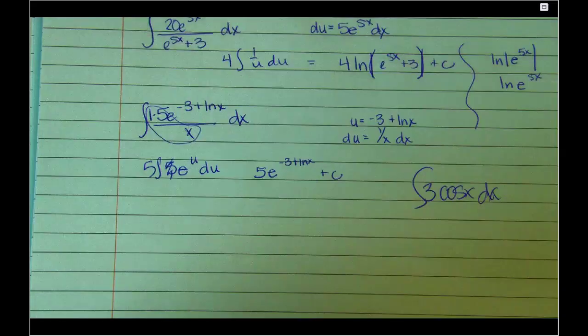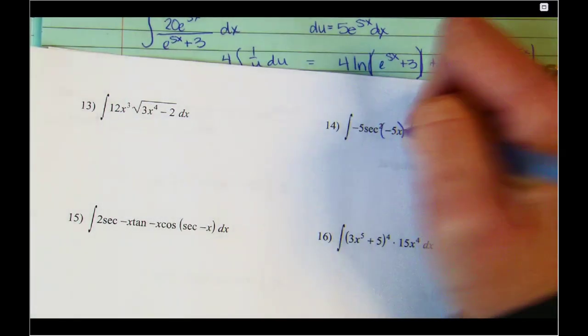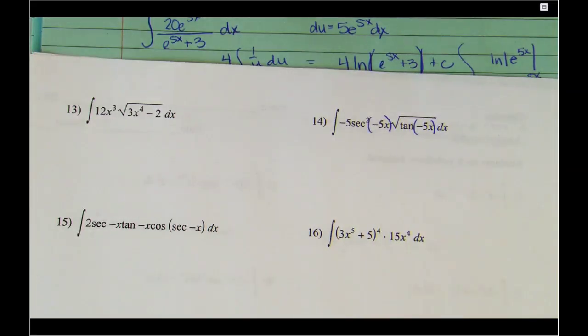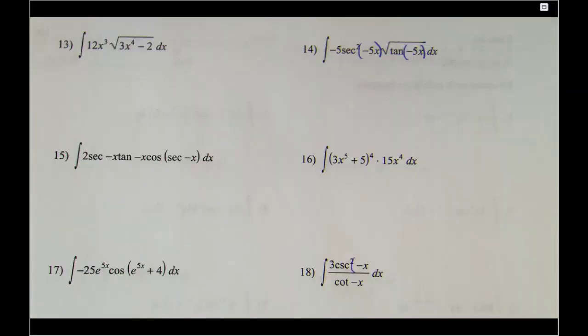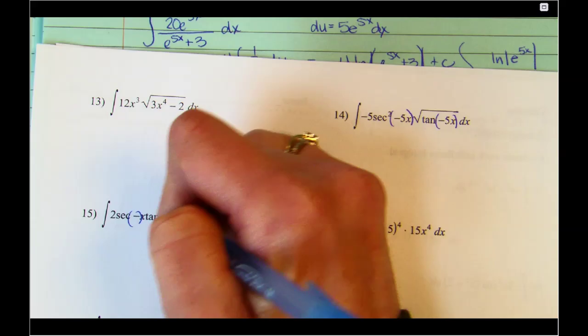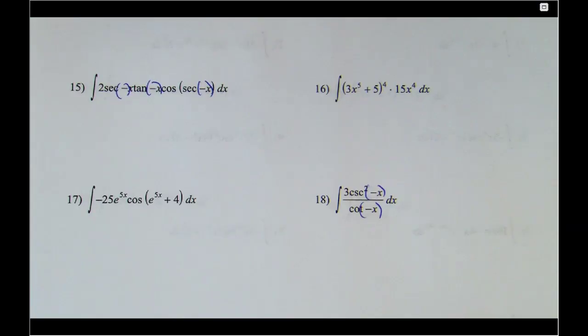Now, I'm not saying you have to do all those. On 14, yep, it's right there. So what's our inside function? On 15 it's negative x, and then yes, 18 is negative x also. The reason they don't include parentheses is because you know you have to have an x as an argument with this secant.